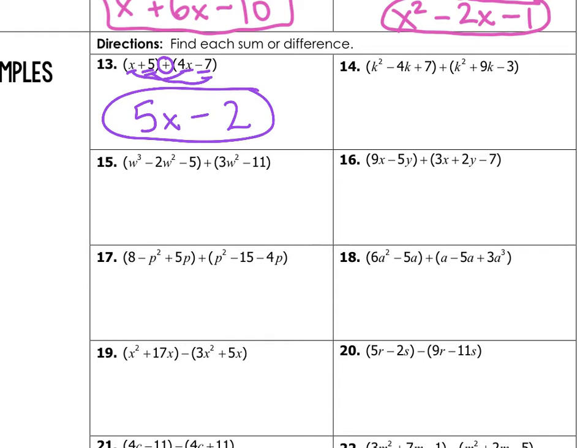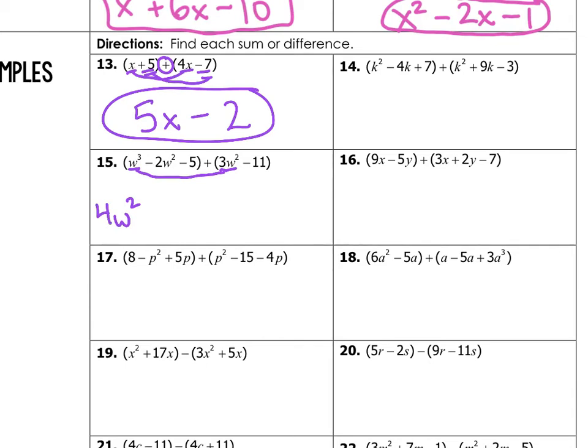If we look at number 15, I've got a bit of a higher exponent degree. Look at this. From the first one, I can see that the highest exponent degree is 3. Same thing in the second one, 3w squared. So w squared is going to have to be the first exponent term. But don't forget, I have to add the coefficients. So 1 plus 3, that's going to give me a 4.